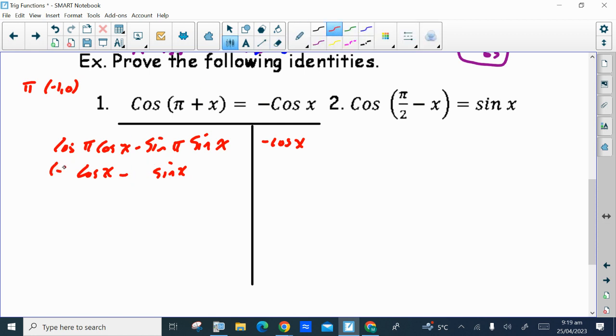It'll be negative 1. That's the cosine of pi, and 0 is the sine of pi. Negative 1 times cosine is negative cosine x, minus 0 times sine x is 0. That gives us your negative cosine x that you needed. Okay?